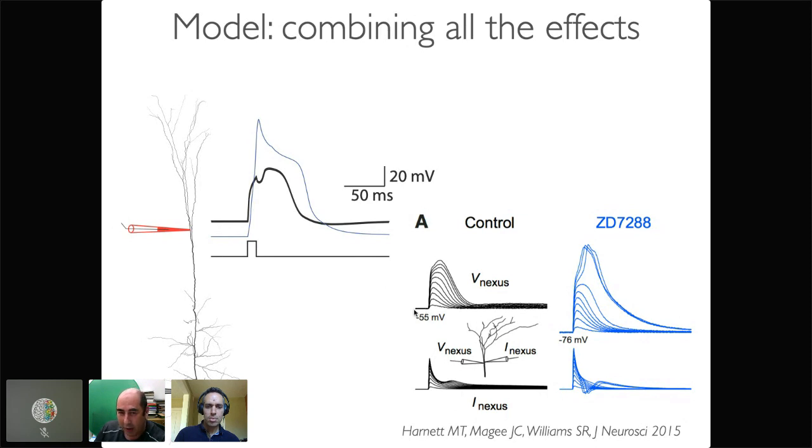So if these IH or HCN channels are open at minus 55, which is about 0.5% of the total amount of channels, and you block them and you get 15 or 20 millivolts hyperpolarization, it means that there are tons of these channels in the dendrites.